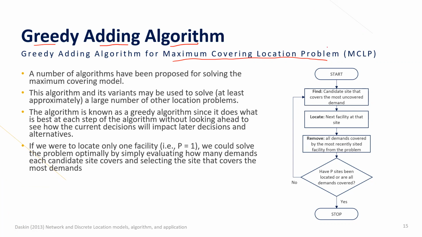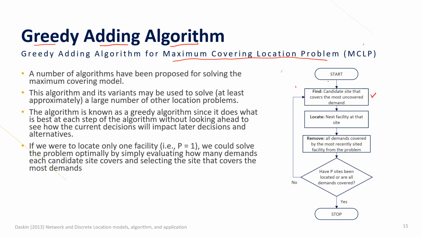We first look at the facilities that are not yet selected. For the first time, none is covered because we haven't selected any facility yet. Then you select which one has the most demand covered, which fits the philosophy we discussed earlier.